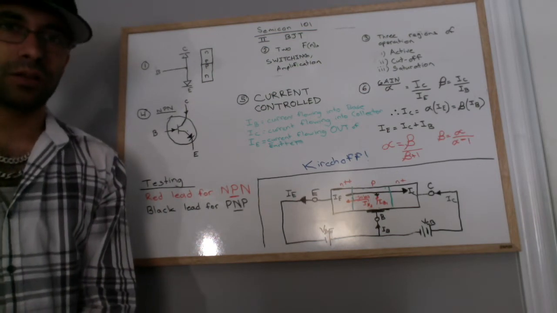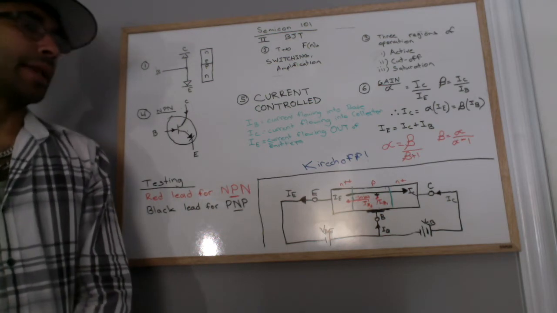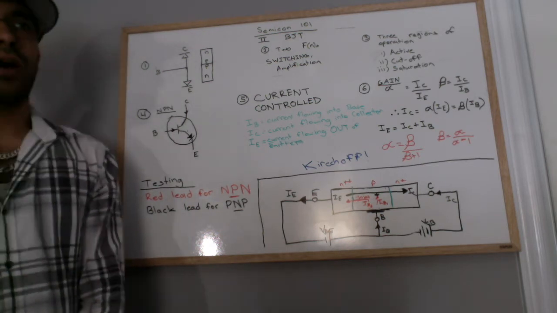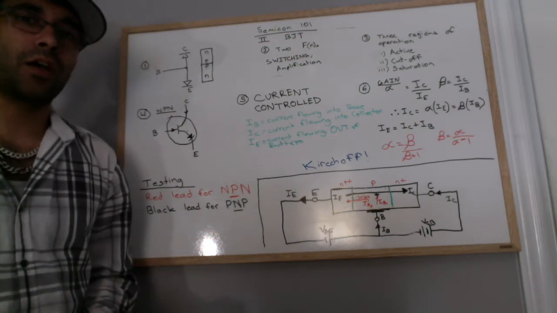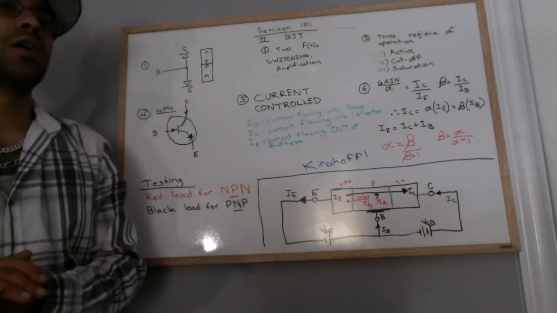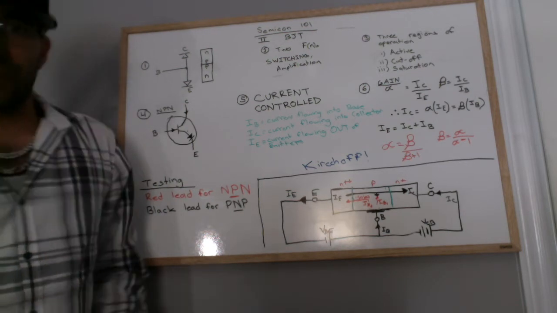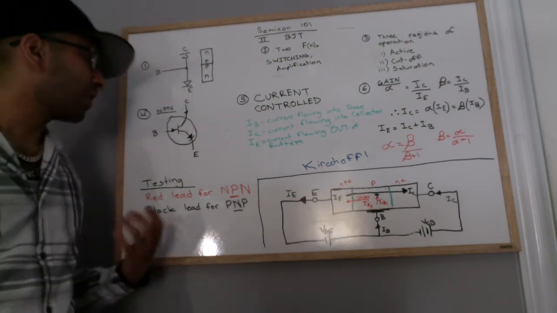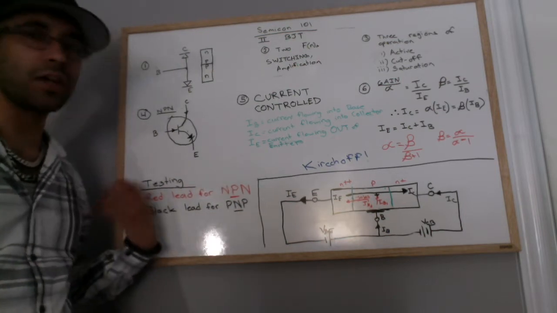Now, one of the important things you will need to learn how to do is to test a transistor. When you're testing an NPN, remember this: you always want to place your main test lead on the base. So in case of NPN, because the base is positive, you want to put the red lead on the base.